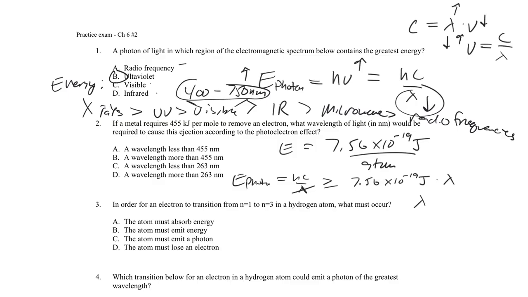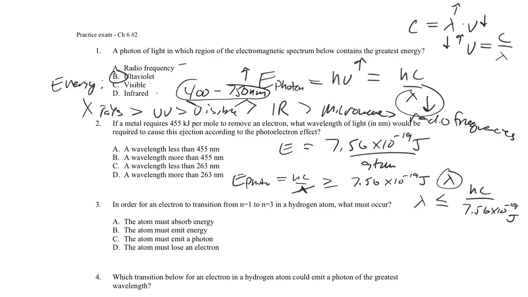So that shows me I want my wavelength to be less than or equal to. Do you see how I get the wavelength on the less than side when I multiply both sides by lambda? So that shows that lambda, we want it to be some value or less than hc divided by 7.56 times 10 to the minus 19 joules.